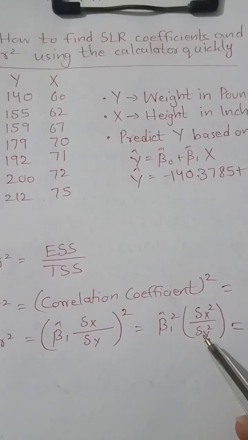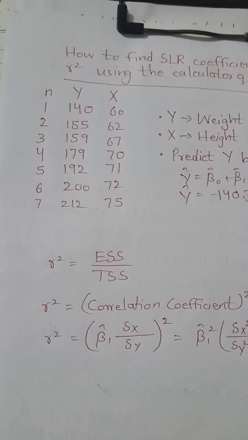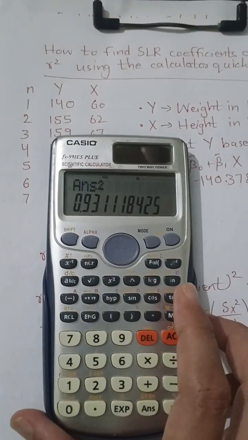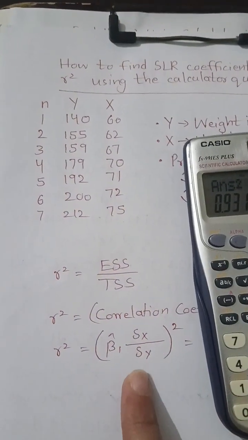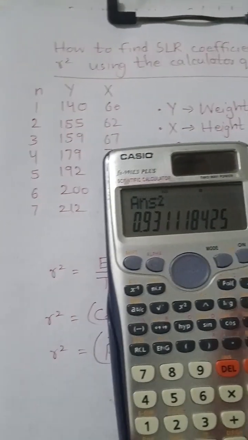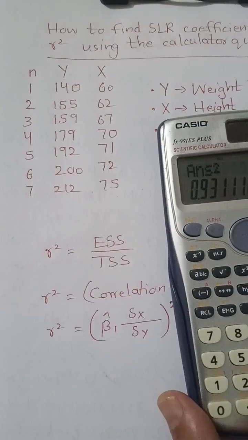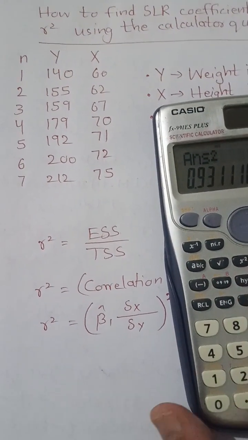So how to do this in the calculator? I am going to use this formula. For this purpose we need three things: the slope coefficient and the standard deviations of x and y.